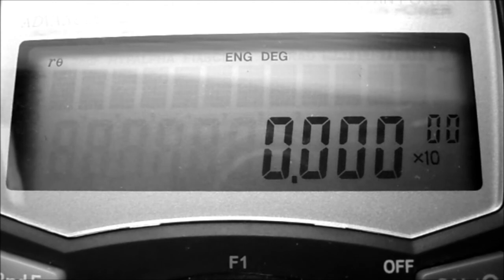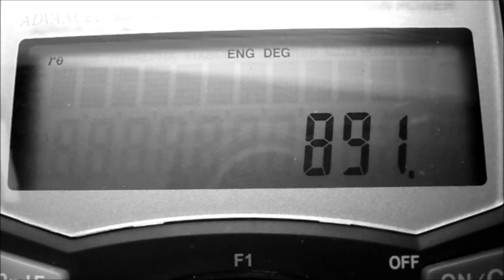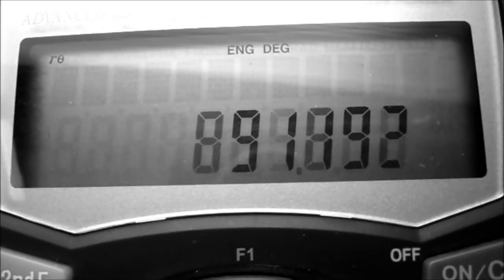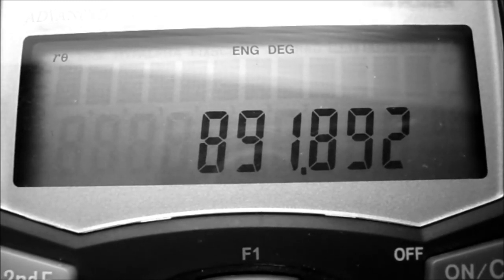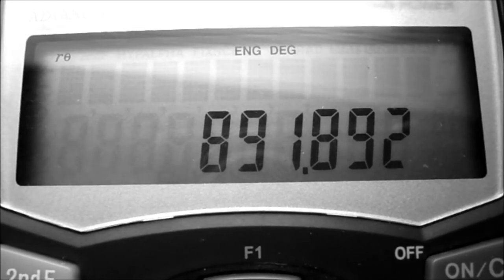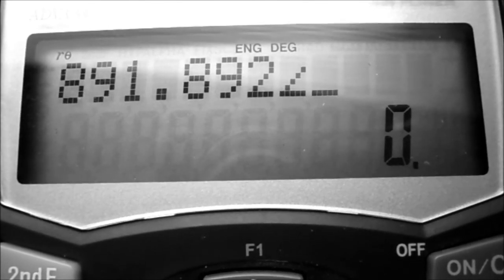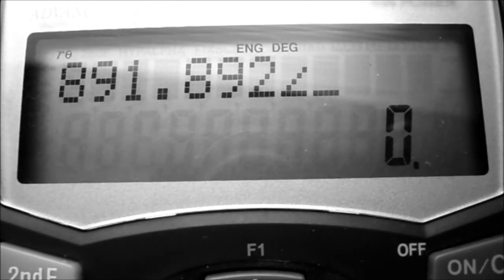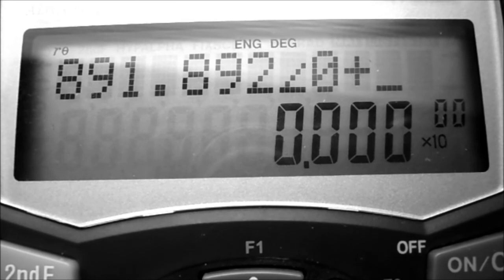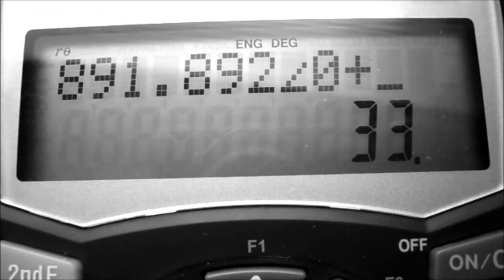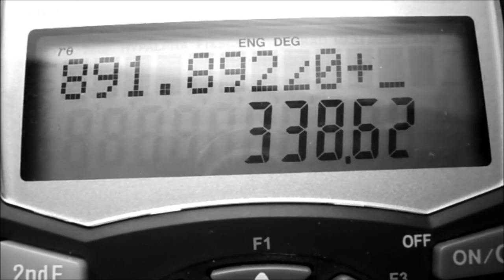So to type that in my calculator, I press 891.892. Now my angle key is below my DMS key. This is at 0 degrees, so when I press the angle key, it asks me for an angle, and I'm just going to type in 0. To that I need to add XC, so I press plus, and XC is 338.628.